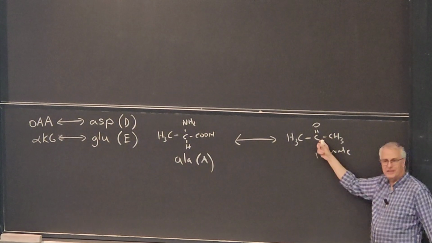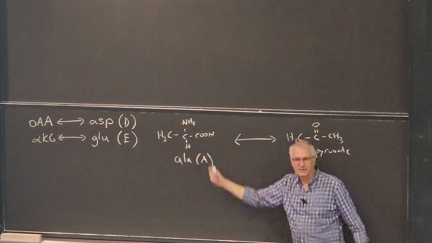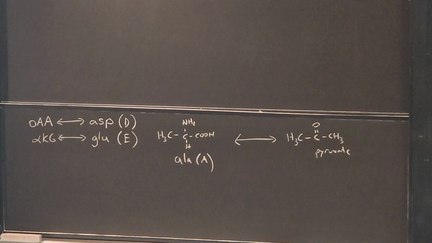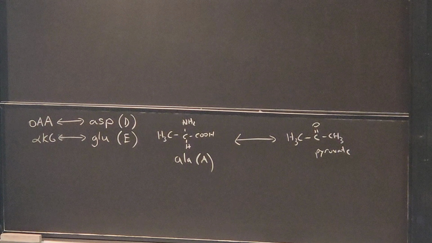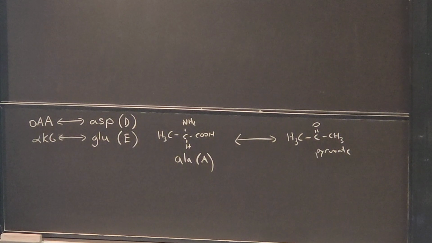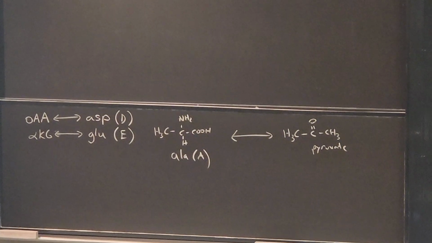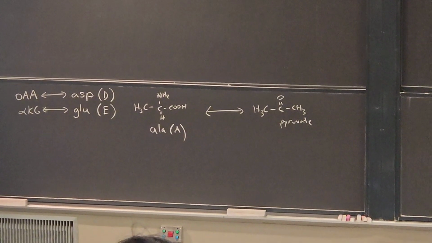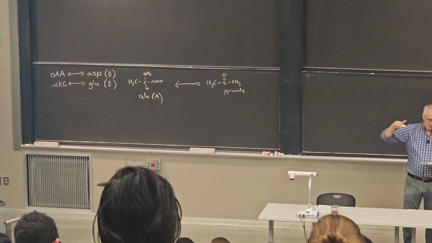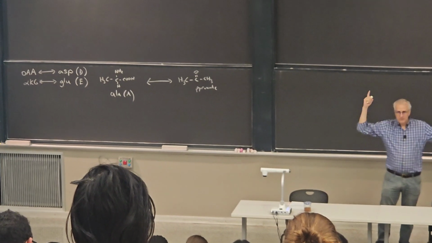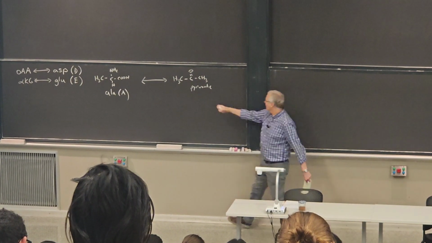Alpha keto acid pyruvate, amino acid alanine. So if we can basically chemically convert alpha keto groups for amino groups, that tells me how I can interconvert nitrogen containing molecules, amino acids, for something that I can burn to get energy. Obviously, we talked at length.